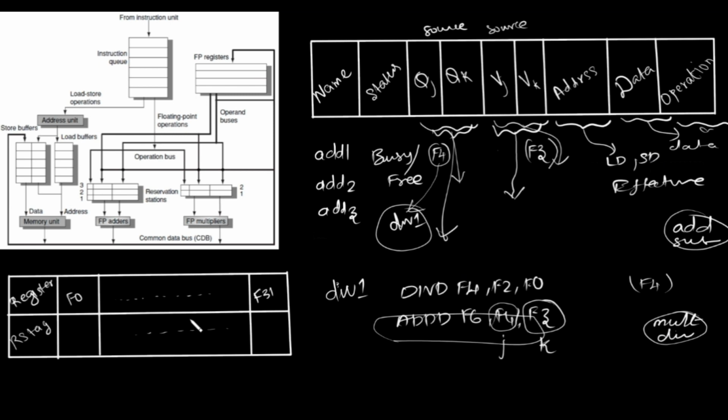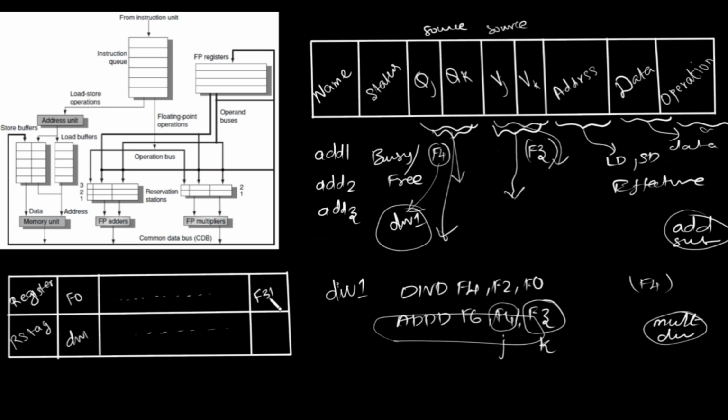And similarly in the registers also, apart from the data that has to be stored, they will have another field called an RS tag. That is, if the register is expecting a value from the outcome of a reservation station, that tag will be put here.